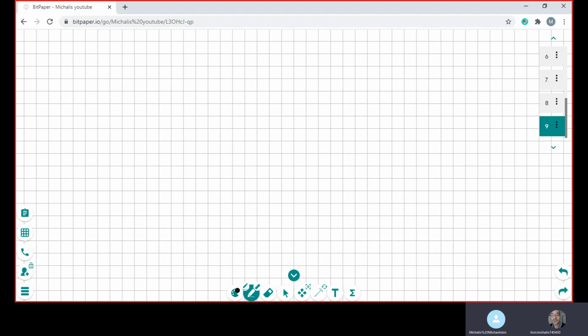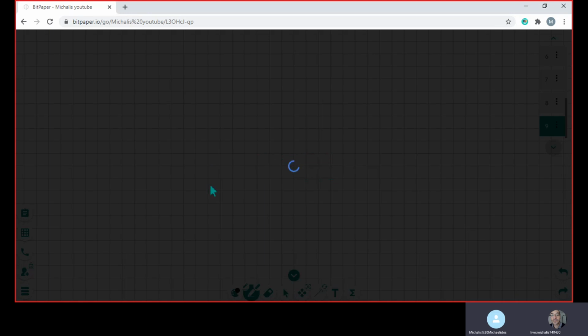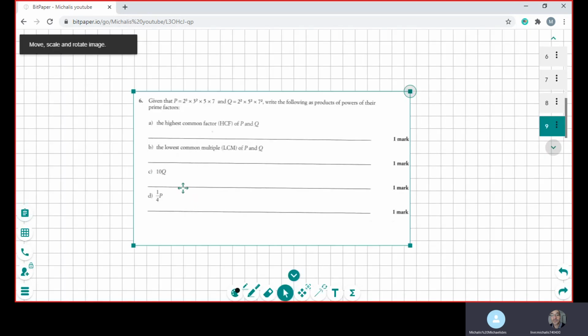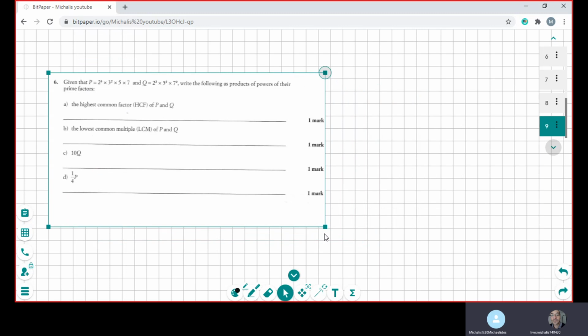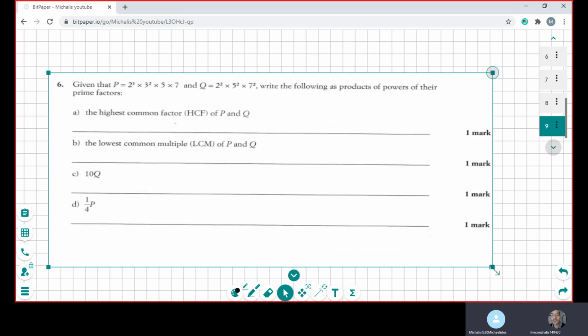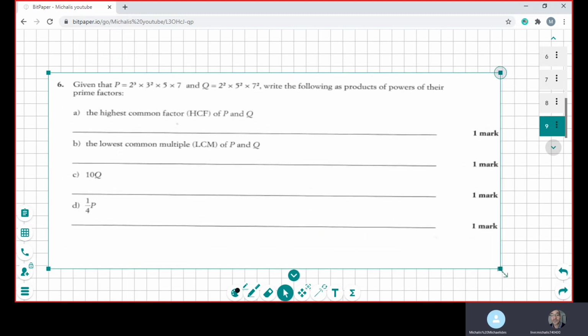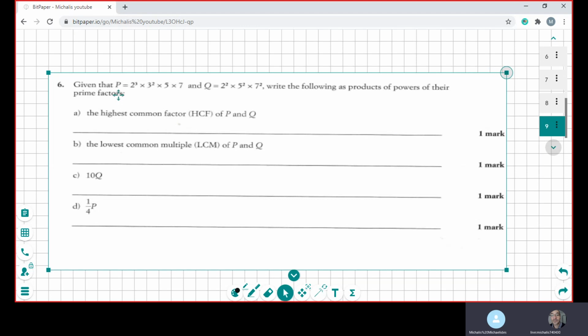The next exercise is finding the lowest common multiple and the highest common factor between two numbers. And we use some rules and formulas here. If we don't want to use the Venn diagram method, there is one effective way of finding the lowest common multiple and the highest common factor between two numbers, especially if they are in prime factorization form like the above numbers.